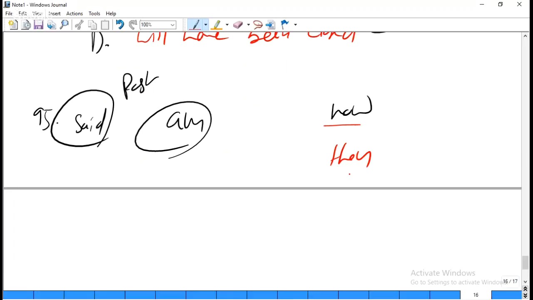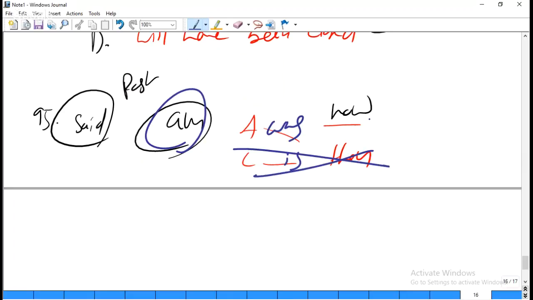B and D are eliminated because now is still now. So A and C are with then. Another hint word is am. Am should be was. In option A there is was. In option C there is not. So C is eliminated. Option A is correct.